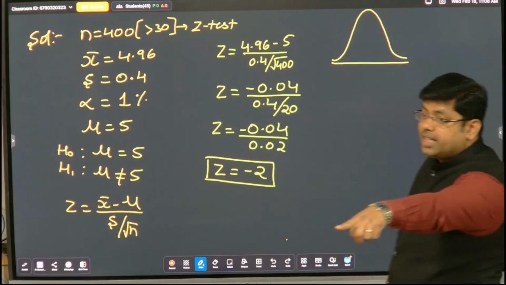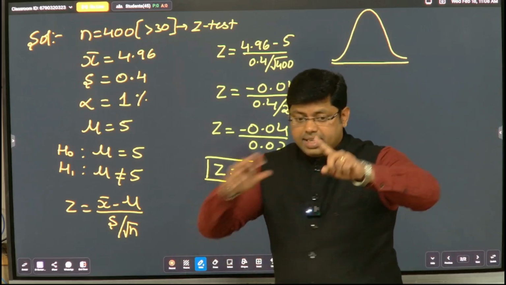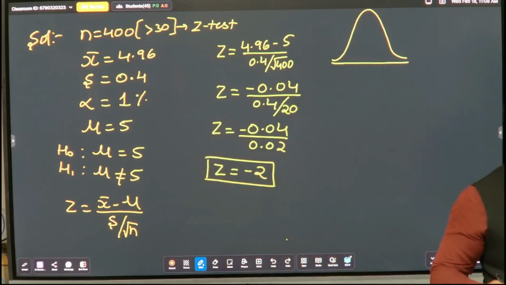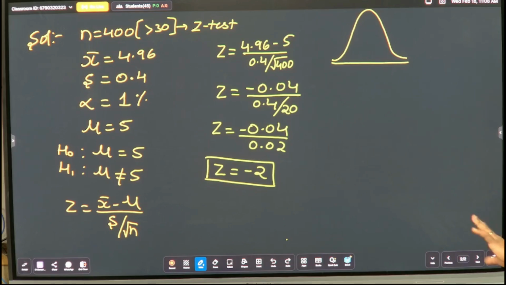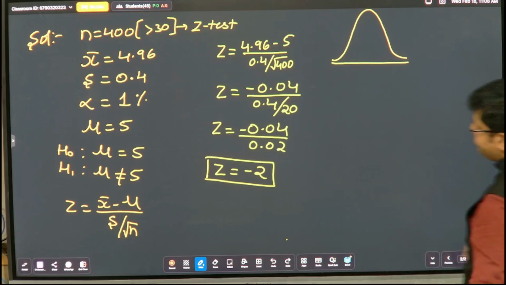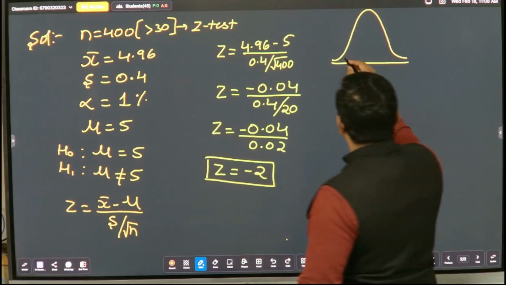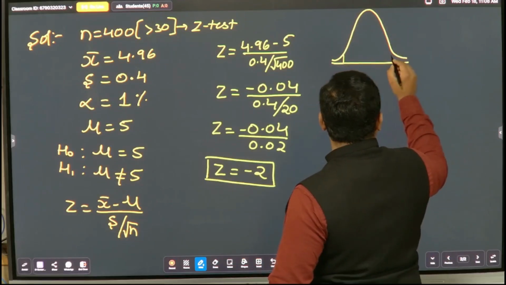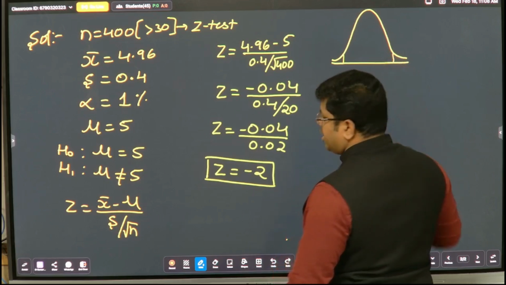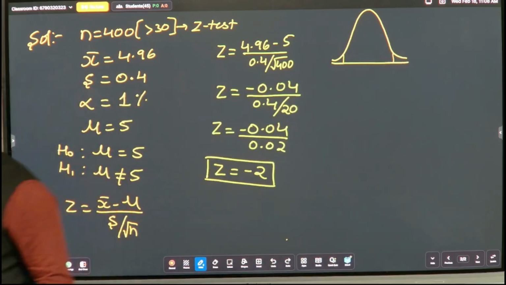There is a Z test table, critical values for 1%. That is constant. There is no change in the table, I mean, the same for all the problems. So now it is a two-tail test. Two-tail test, my dear all. Okay. So you need to check with it.